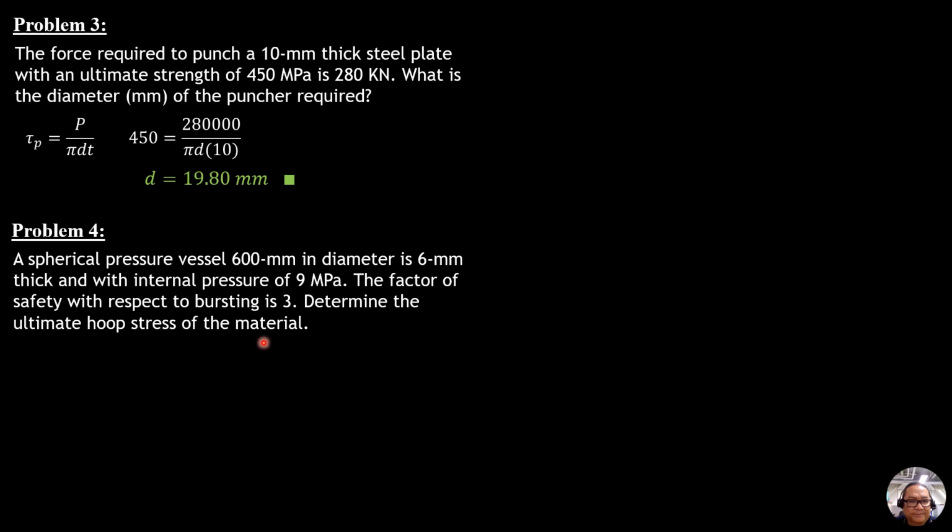So the factor of safety is equal to the ultimate hoop stress divided by the working stress or the actual stress. The formula for actual stress for a spherical pressure vessel is PD over 4t.